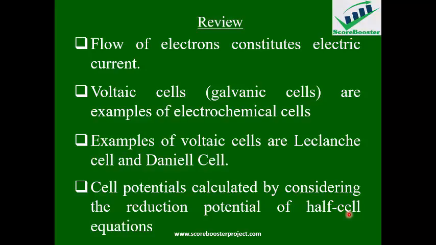The difference between wet and dry is the nature of the electrolyte. In the wet cell, the electrolyte is in solution form. In the dry cell, instead of solution, it is in paste form. Cell potential is calculated by considering the reduction potential of the cell equations.